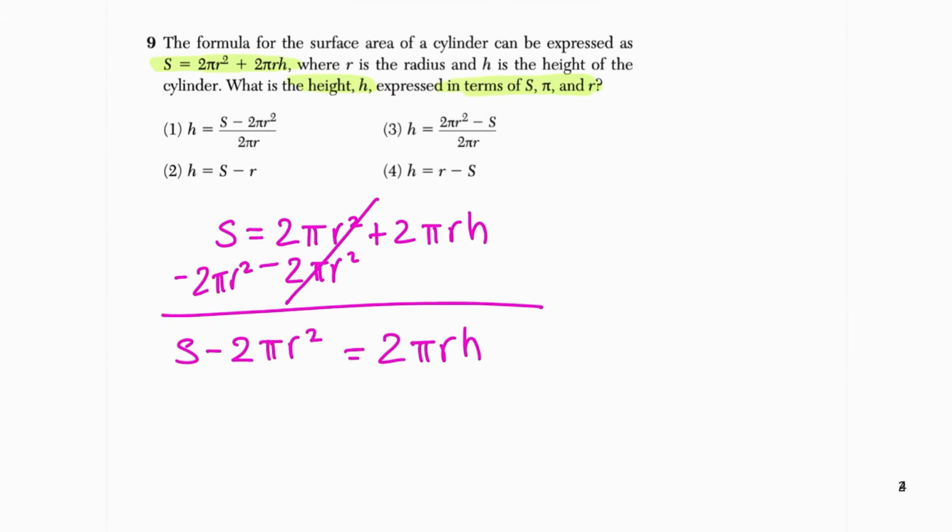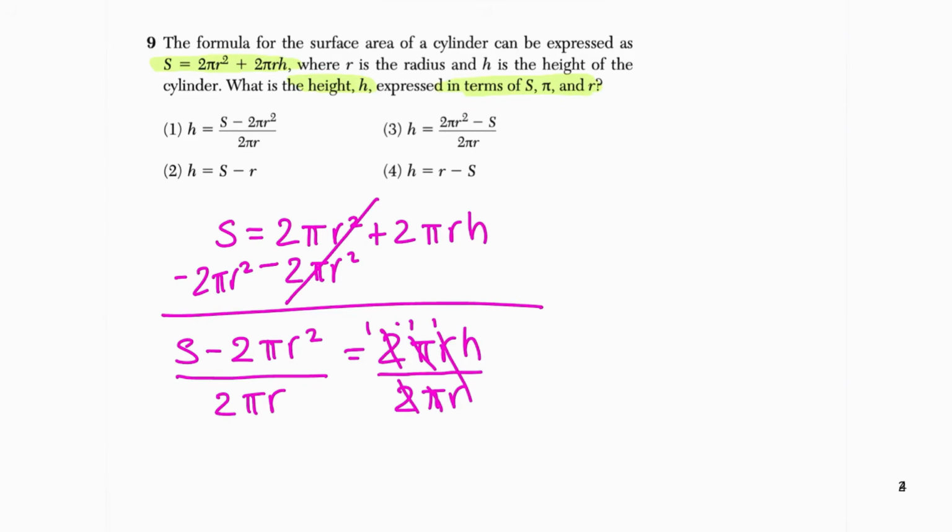And now I have to get rid of all these things that it's being multiplied by, the 2, the pi, and the r. And I can do that in just one step. I can do the inverse of multiplication, which is division, and divide by 2 pi r. And of course, whatever I do to one side, I'm going to do it to the other side as well. Now, on the right side, all these things except the h are going to cancel out because 2 divided by 2 is 1, pi divided by pi is 1, and r divided by r is 1.